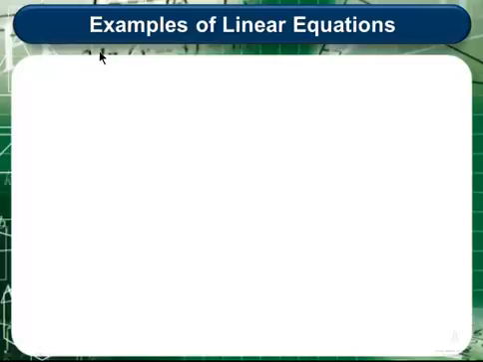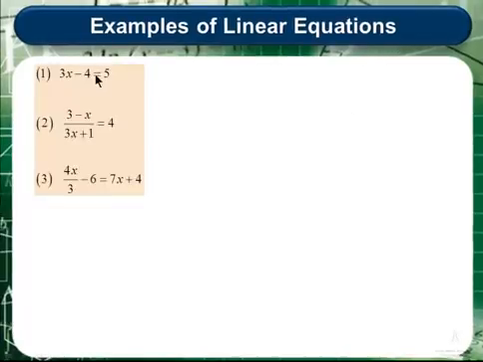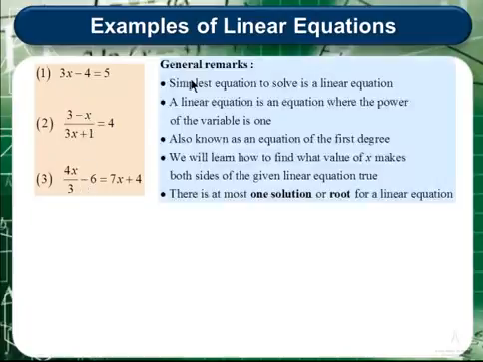Let us have a look at a few examples of linear equations. Here we have three linear equations, and generally such equations are the simplest type of equations to solve. Also, a linear equation is an equation where the power or the exponent of the variable or the unknown is 1.